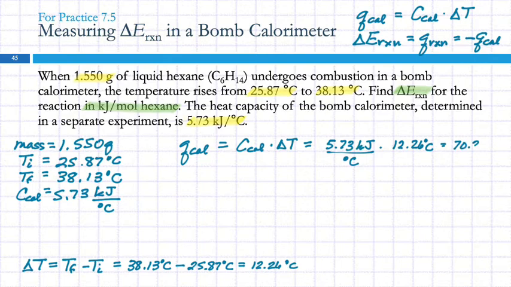Calculator says 70.2498, and that would be kilojoules, because the degrees Celsius cancel out. We've got 3 sig figs in our heat capacity and 4 in our temperature, so that's going to have 3 sig figs. So great, we calculated qcal.